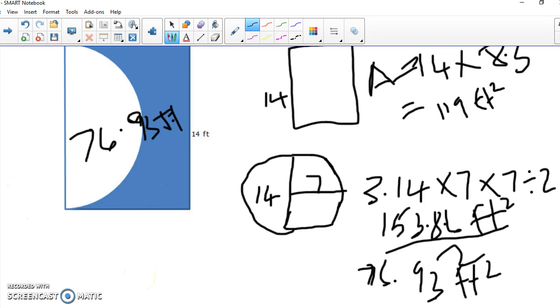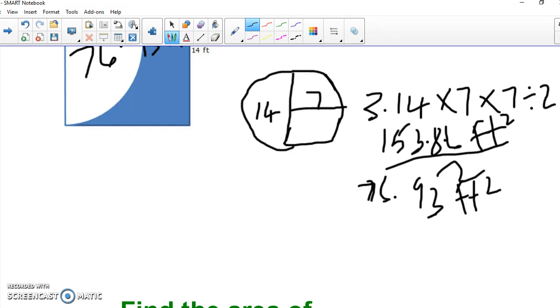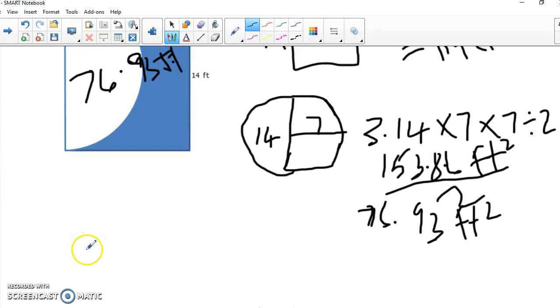Now, to find the area of the shaded region, we go ahead and subtract. This time we'll subtract because one area is shaded and one is unshaded. So you have to subtract to find the shaded part.